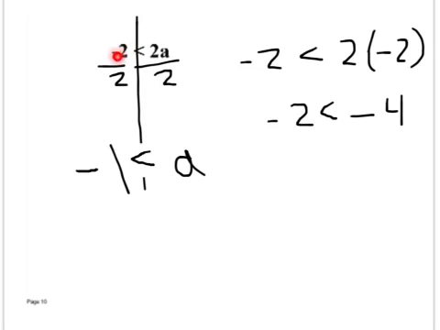Does it matter if this number is negative or positive? No. It's the number I'm dividing by, right? Is this number a negative? No. So why would I change my sign?